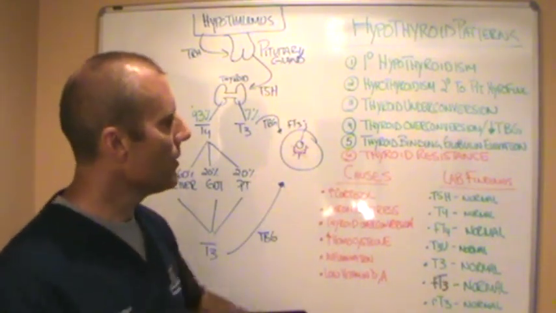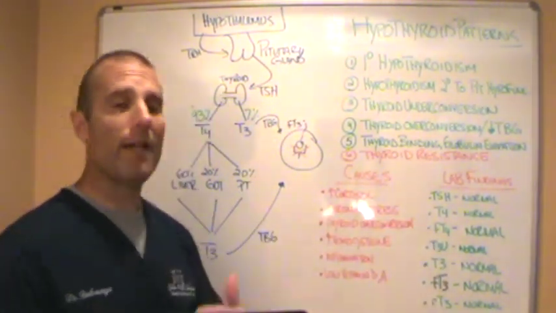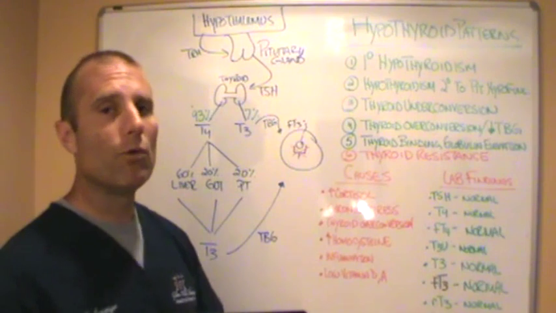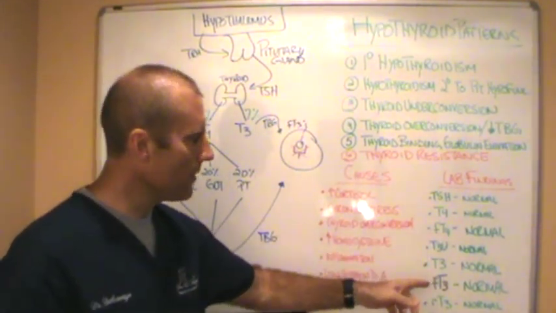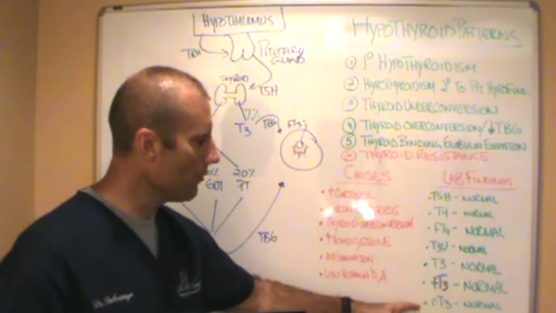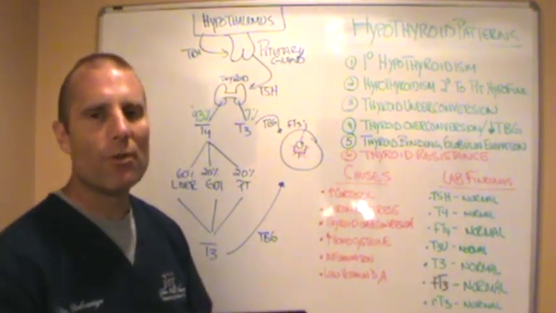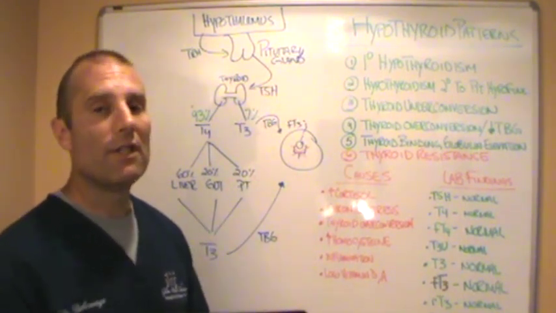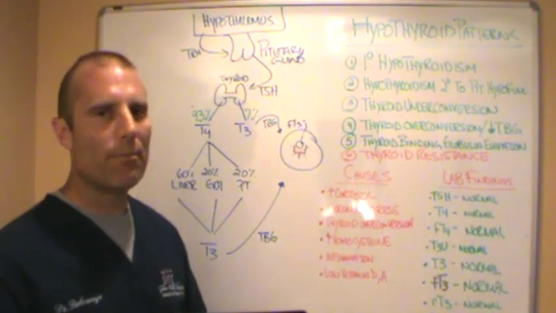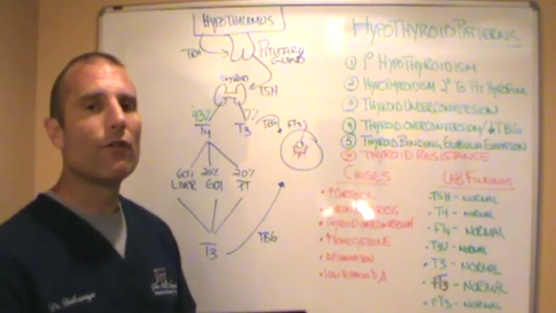Unfortunately, in this situation, your doctor's going to run a TSH, T4. You may have finally talked your doctor into running a full or a comprehensive thyroid panel. Free T4 is normal, T3 uptake is normal, T3 is normal, free T3 is normal, reverse T3 is normal. Thyroid antibodies are negative, and this is one of those situations where your doctor doesn't really understand thyroid physiology, doesn't run a full or comprehensive metabolic panel, and doesn't really take a good look at your full history.